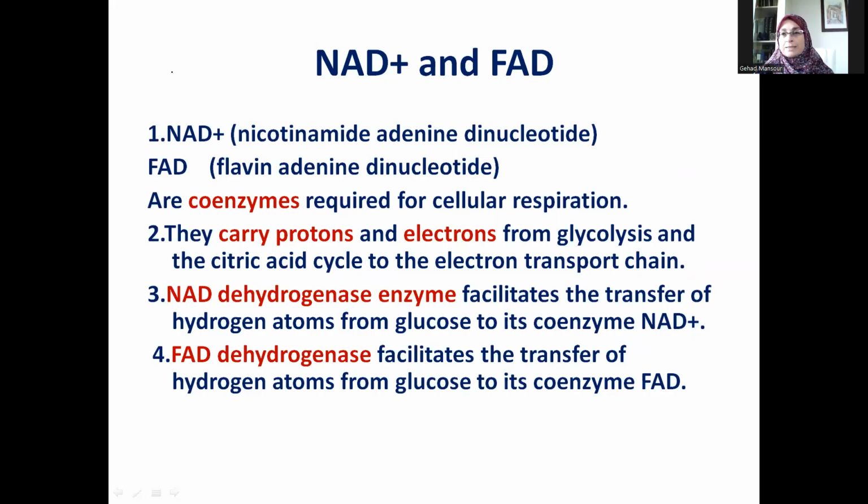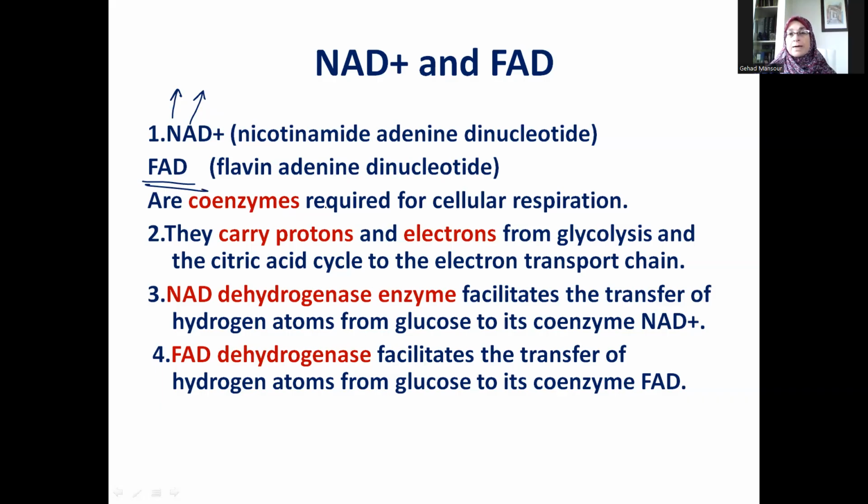Both are coenzymes that are required, but here, I'm sorry, there is no phosphate. Nicotinamide is a vitamin, and adenine is a nitrogenous base, and since the structure is very close to the nucleotide, we call it nicotinamide adenine dinucleotide, and here we have flavin adenine dinucleotide.